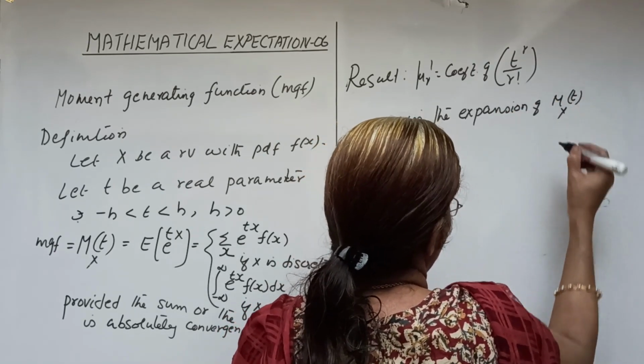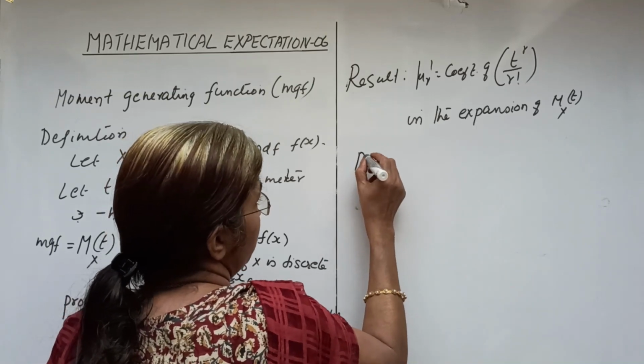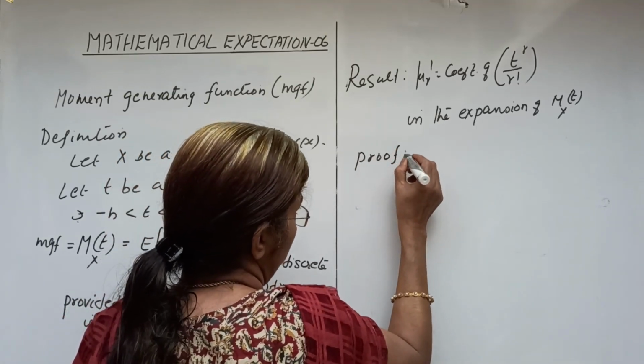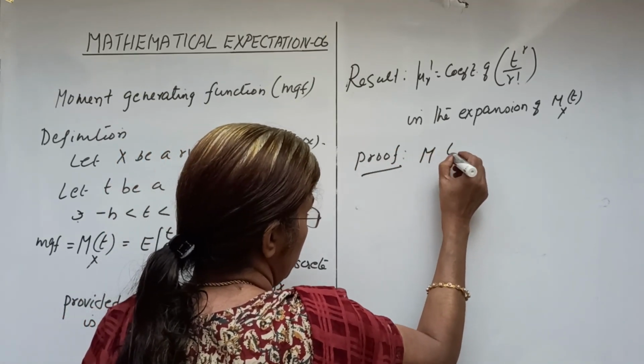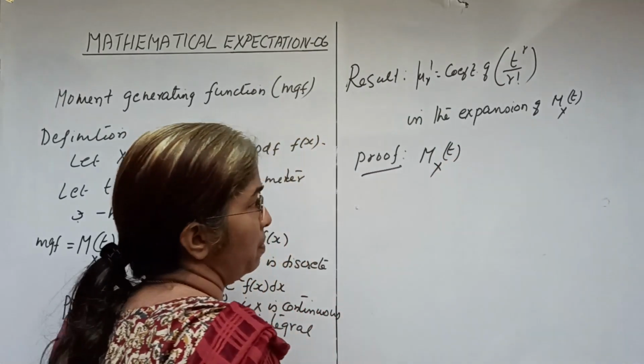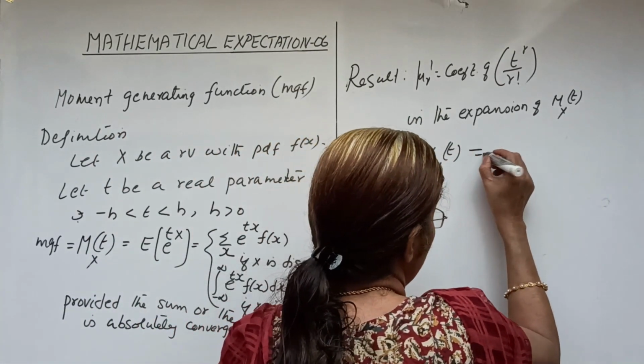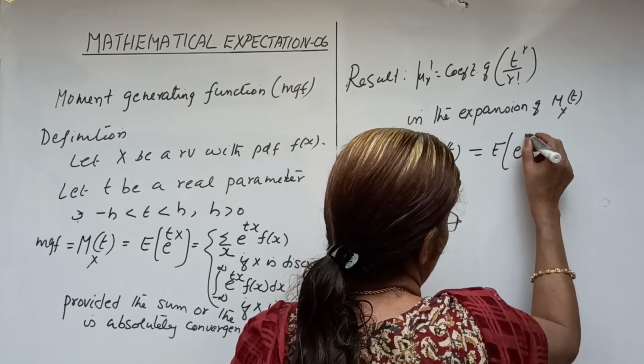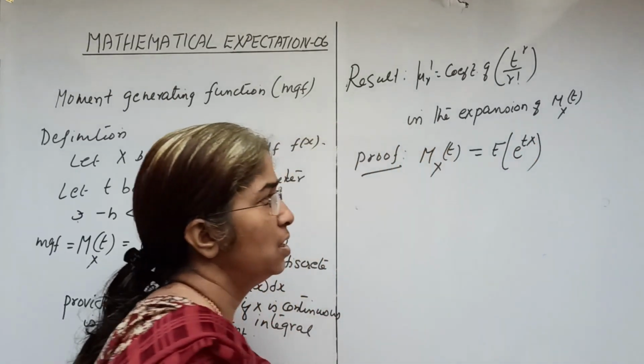So by definition, for the proof we consider the definition: M_X(t), the moment generating function, equals the expectation of e raised to tX.